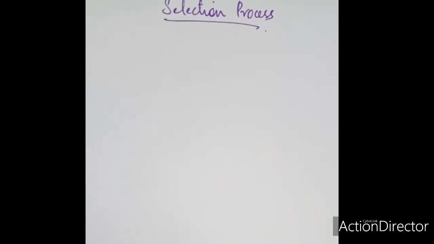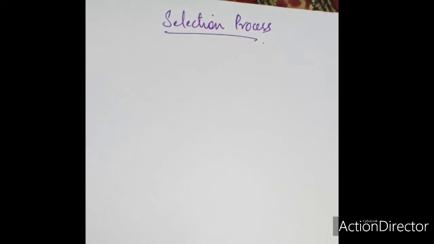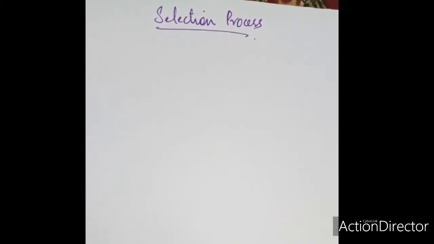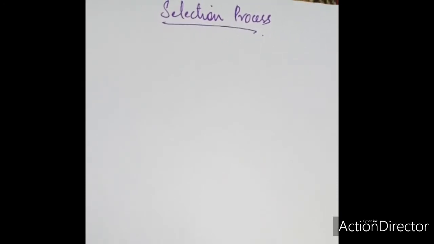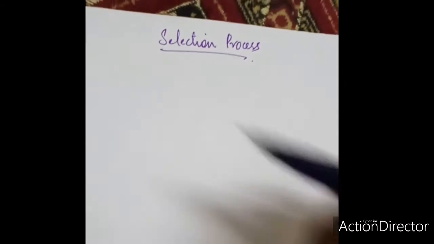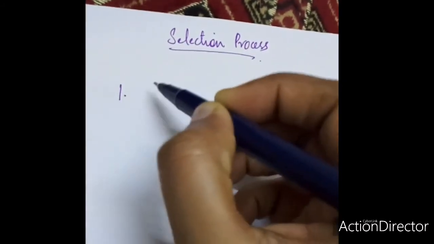So the selection process depends on many steps, and those steps we're going to discuss in detail right now. The first step in the selection process is receiving the application.